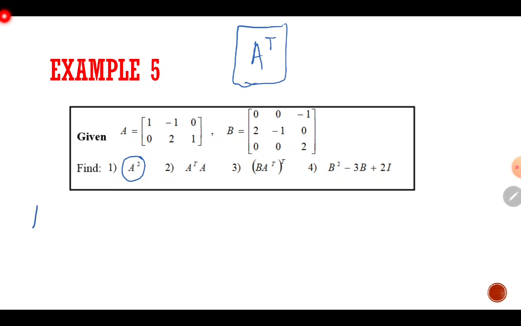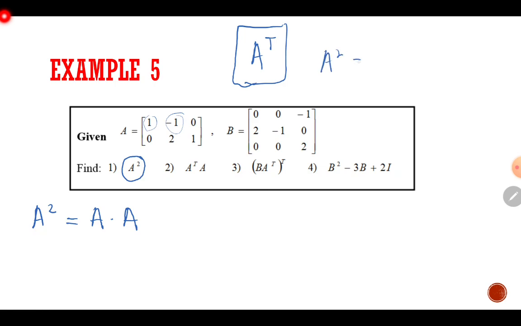But A square here, what does it mean? It means we are to multiply two matrices together. Matrix A with matrix A. A times A. Don't misunderstand that A square here means we square the values. No, that is wrong.